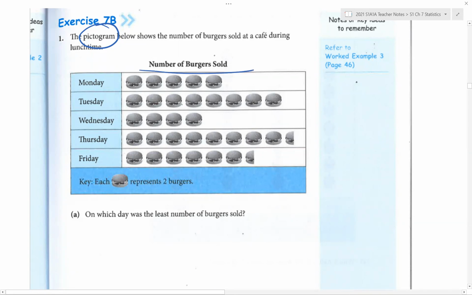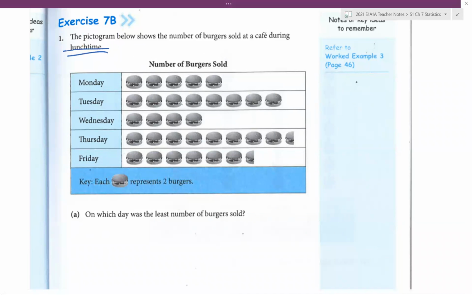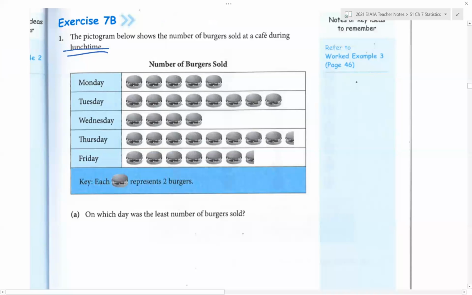So it shows the number of burgers sold at a cafe during lunchtime on Monday all the way down to Friday. And you need to look at the next line. It says key.